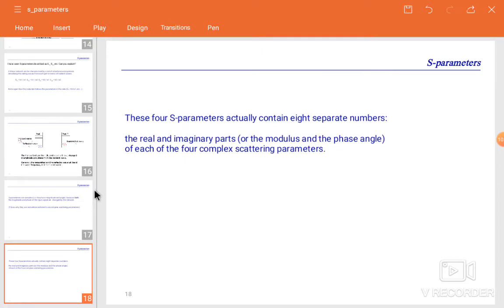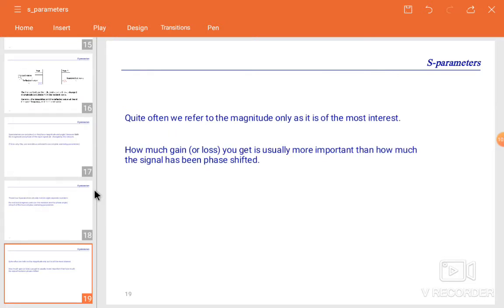These four S parameters actually contain 8 separate numbers: the real and the imaginary part of each of the four complex scattering parameters. Quite often we refer to the magnitude only as the most interesting. How much gain or loss you get is usually more important than how much the signal has been phase shifted.